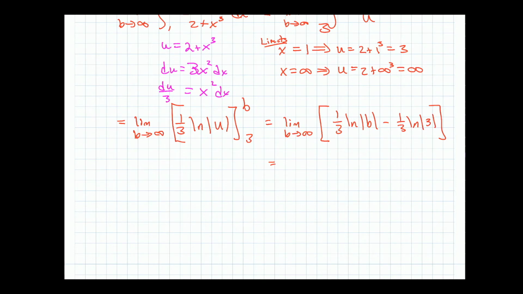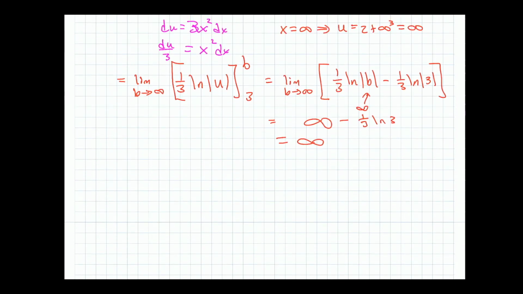And then we let b go to infinity. And when we let b go to infinity, we get a natural log of infinity there. But natural log of infinity is infinity. So I actually just get infinity minus 1/3 ln 3, which is infinity.